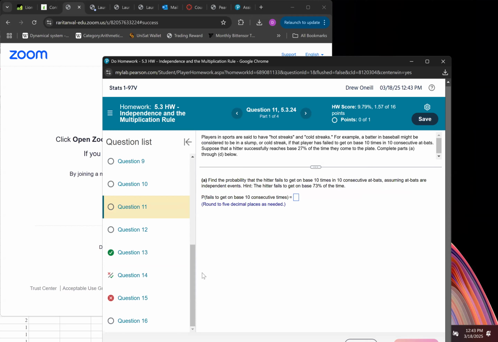Players are said to have hot streaks and cold streaks. So what's the probability of a person getting on base? Well, if the probability that the person fails to get on base is 73%, then the probability that they get on is 27%. So you would convert that to a decimal, and then to do it 10 consecutive times, it's that raised to the 10th power. Okay. So that's that.